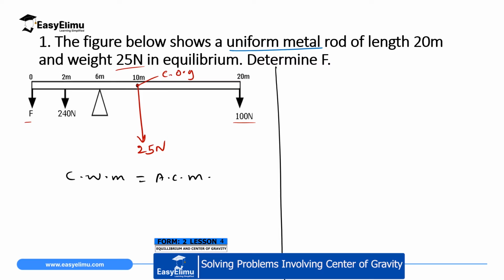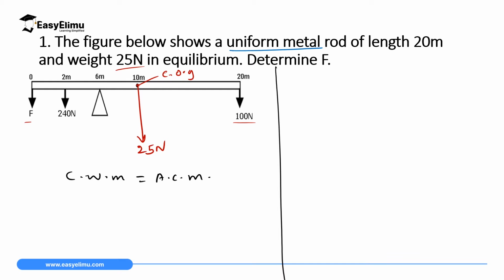In this case, we will determine the forces which will give this rod a clockwise moment. This is the pivot here. The 25 Newton weight of this rod will give it a clockwise moment.